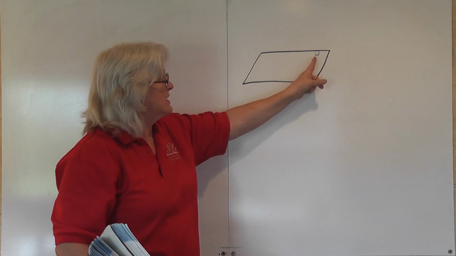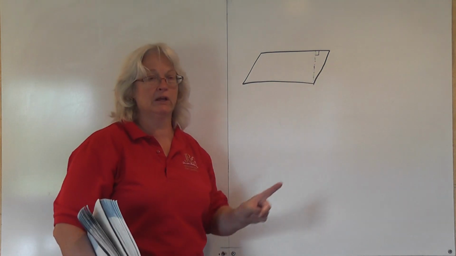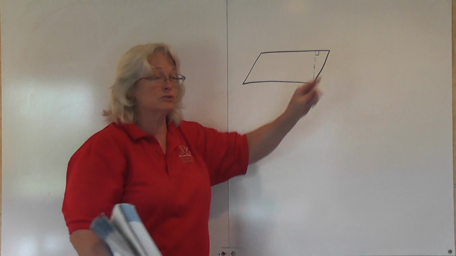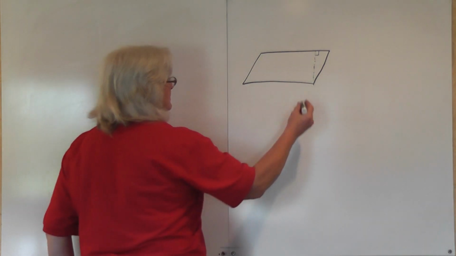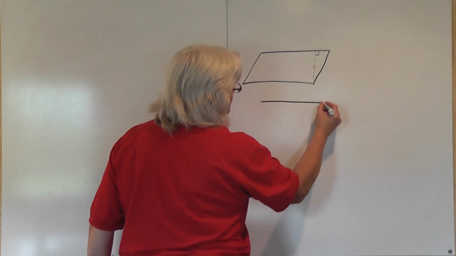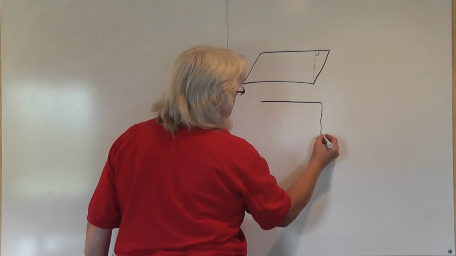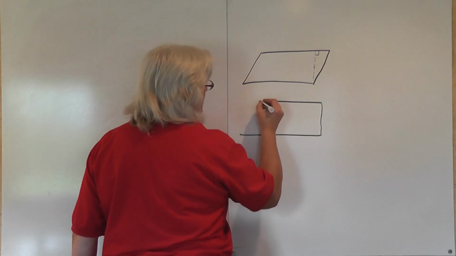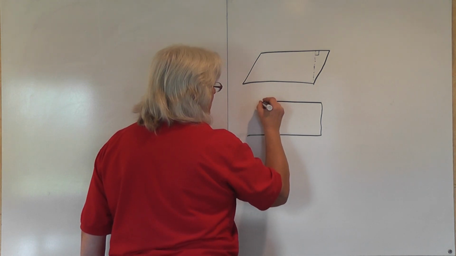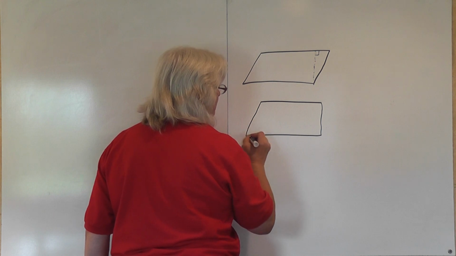But if we sketch this little triangle in here, and if you were actually to cut that triangle out, we're going to cut the triangle out, or off, and this is what our object looks like now.